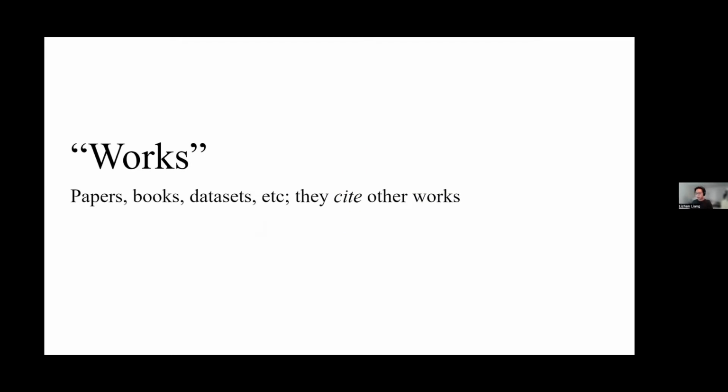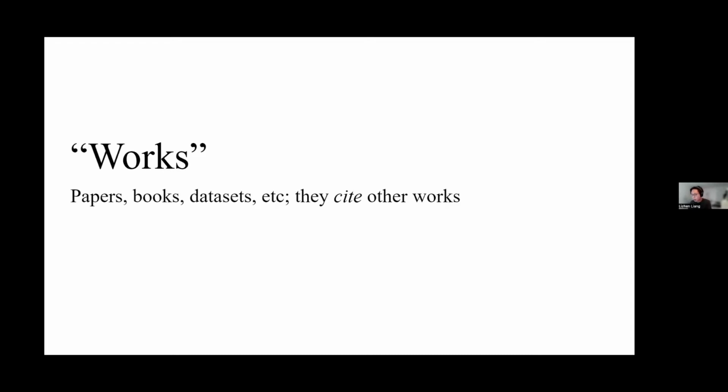The first thing is works. I guess some of you might have experience working with other scientific databases like Microsoft Academic Graph. Usually research works are only represented as papers.